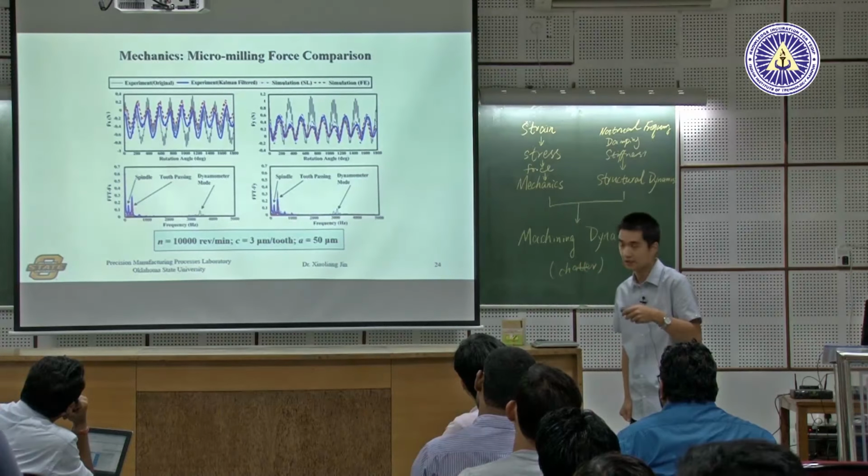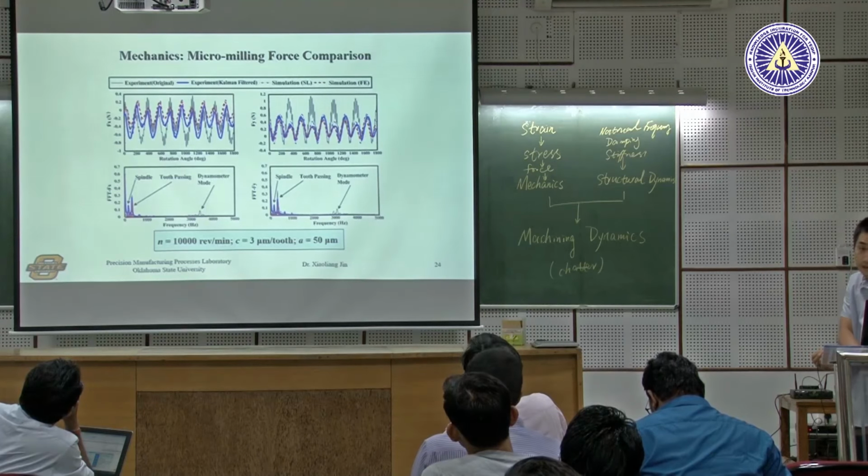This, as you know, is because of the cutting force calibration, because the feed direction has a certain mismatch between the FE and the experiment. But anyway, this gives us some idea that, at least for certain force data, we're able to use the models to predict the results with certain accuracy.